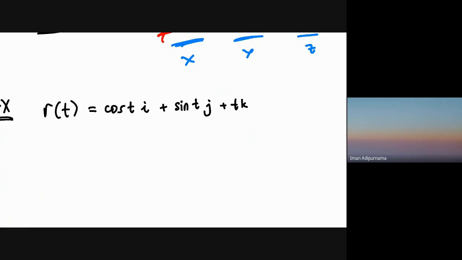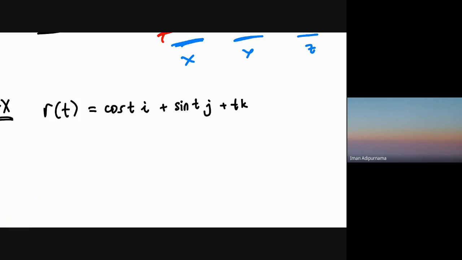k. So if you remember, in the original 2-dimensional parametric equations, you have cosine and sine, and you can convert that to the circle equation, right? If you square this, cos squared plus sine squared, it's like x squared plus y squared equals 1, right? So it's like a circle. So in 2 dimensions, or in the xy plane, if you see this x and y, it will make a circle, right?